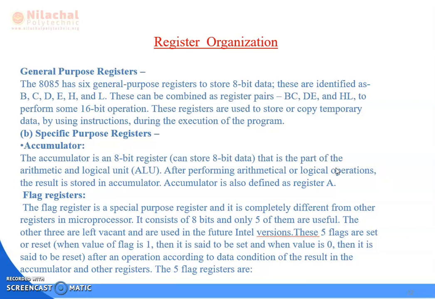That means if these registers are used individually, they perform 8-bit operations, and if we pair these registers, then they can perform 16-bit operations. These registers are used to store or copy temporary data by using instructions during the execution of the program.